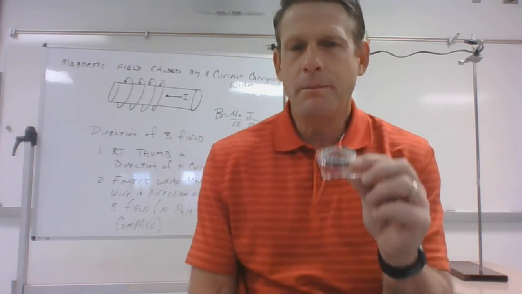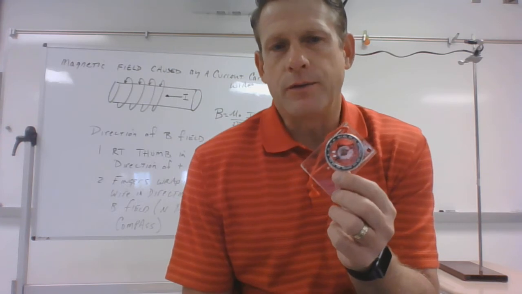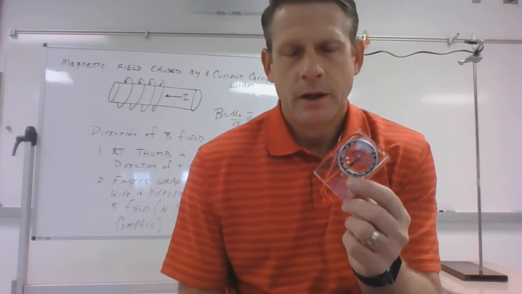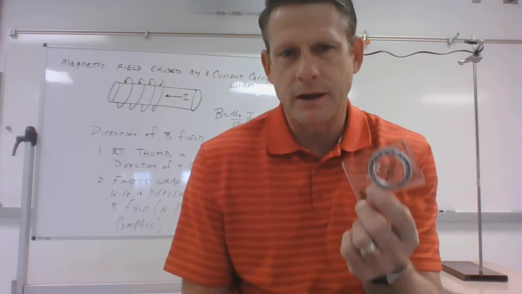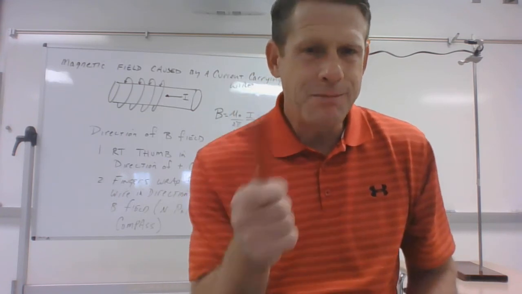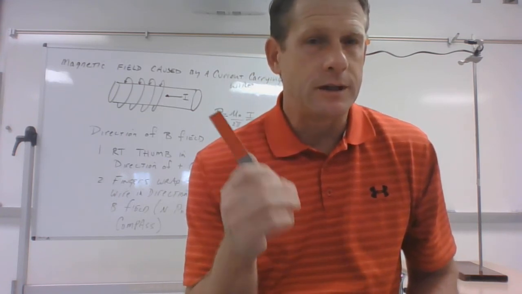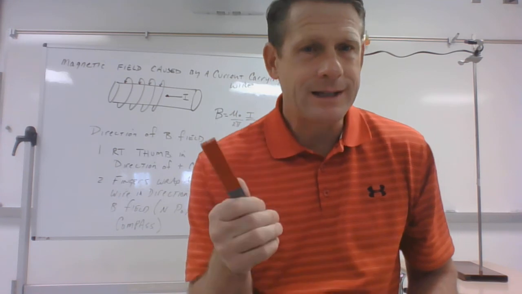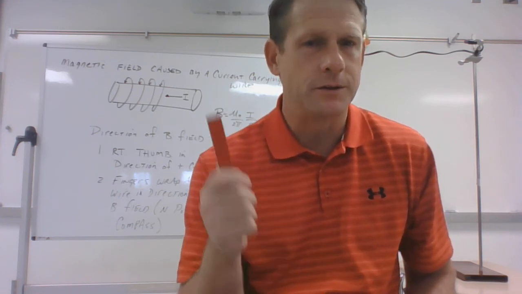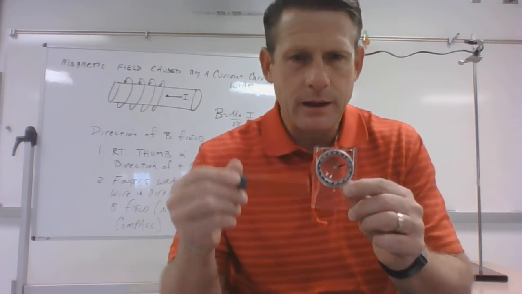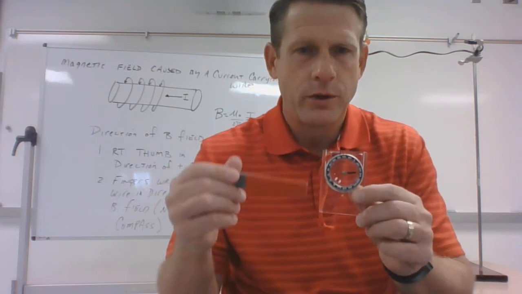Now, a compass is nothing more than a floating, pivoting magnet. So this compass has a magnetic field that surrounds it, and this magnet has a magnetic field that surrounds it. Any time two magnetic fields interact, we get a magnetic force.